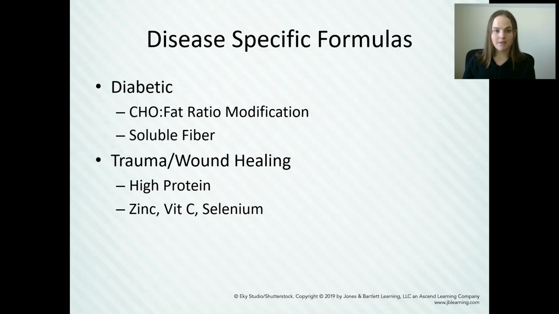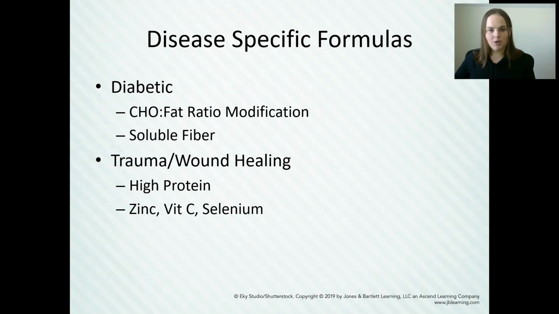There are also specific diabetic formulas that are lower in carbohydrates and higher in fat. Again, the research does not support use of a diabetic formula. However, in clinical practice, you might see physicians who really want to use a diabetic formula, or if you have a patient where there are a lot of issues controlling blood sugars, that might be a reason you would choose a diabetic formula as well.